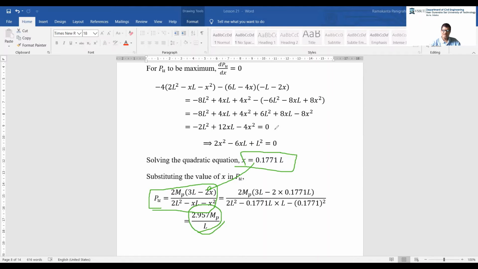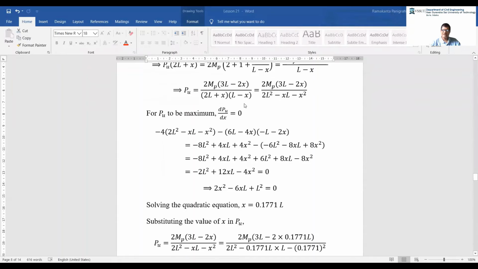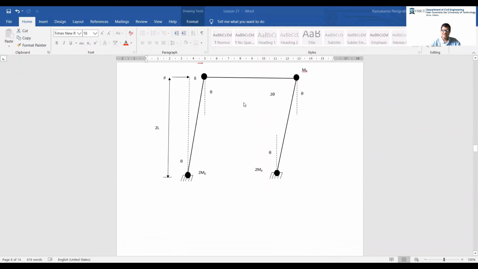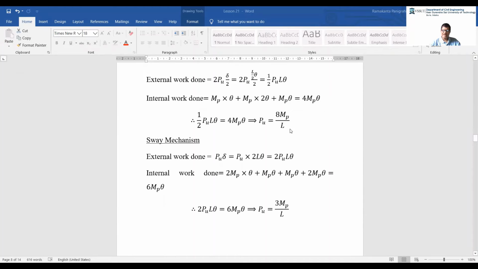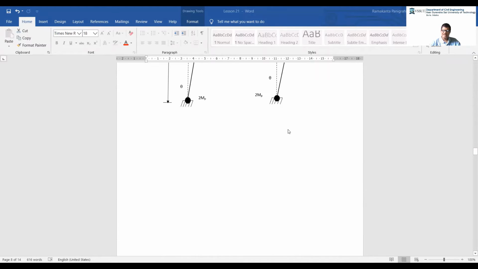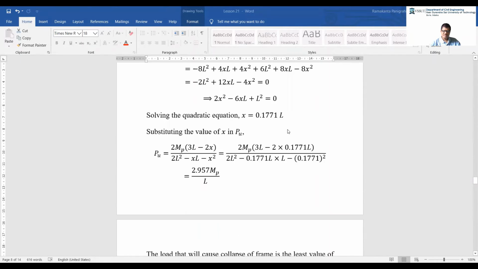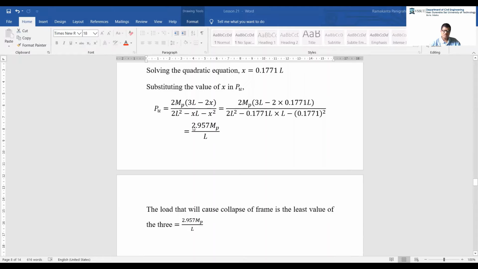The values calculated in the mechanisms are 3 Mp by L, 8 Mp by L, 8 Mp, 3 Mp, and now it comes 2.957. So 2.957 Mp by L is the least value among all the mechanisms. So we can say the collapse of the frame will occur at 2.957 Mp by L.